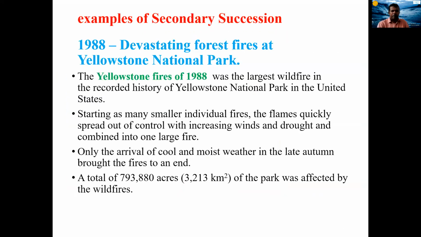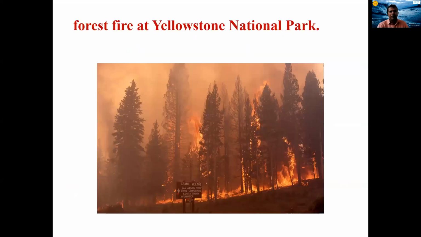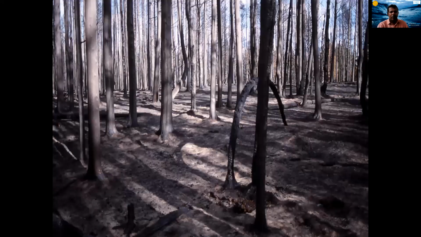All right. Similarly, there are a few other examples, even from Yellowstone National Park. You might have heard about it in the US, one of the well-known national parks in the world with a huge area. You can search in Google for Yellowstone National Park, and there has been a forest fire in Yellowstone, and this is how it looked after the forest fire.